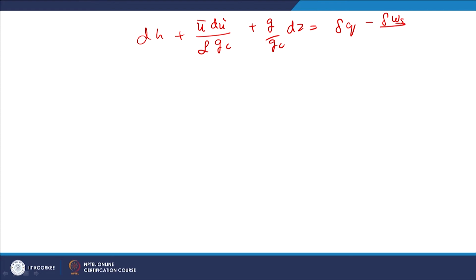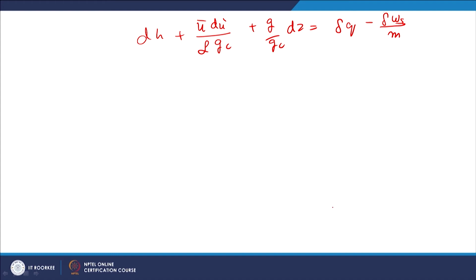So, we may write the total energy balance equation like this: dH plus ū dū/α gc plus g/gc dz is equal to delta Q minus delta Ws. This is the total energy balance equation.